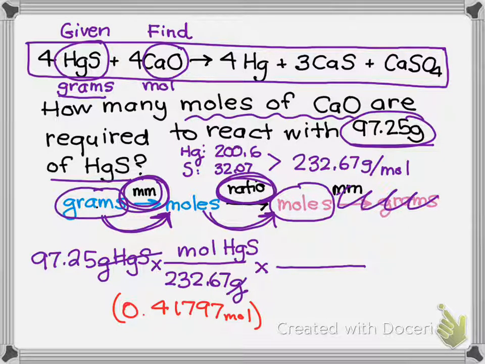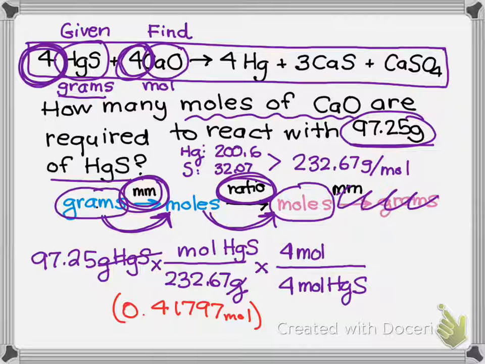So then what's given will go on the bottom, so that's a 4 in front of the mercury sulfide, and I'm trying to find moles of calcium oxide. That also has a 4, so it's really a 1-to-1. That cancels out the mercury sulfide, and now I would have my answer.